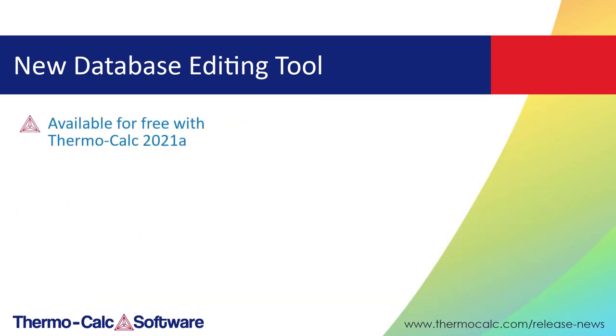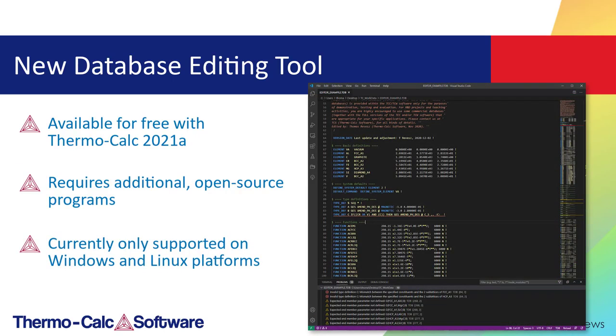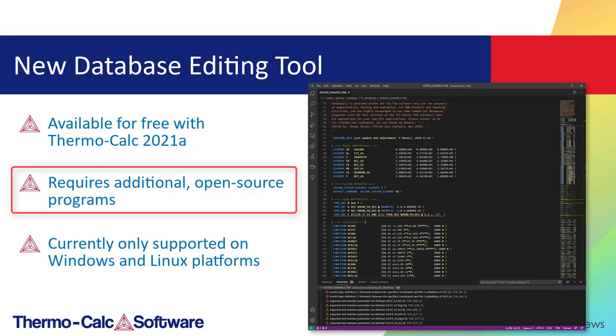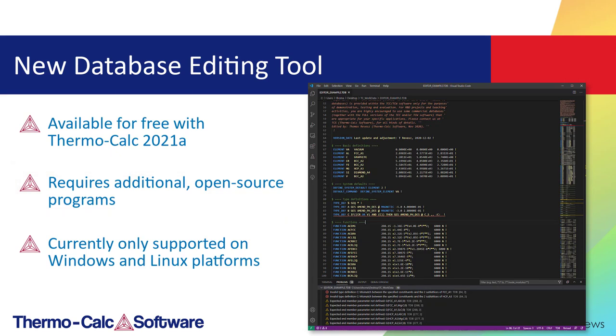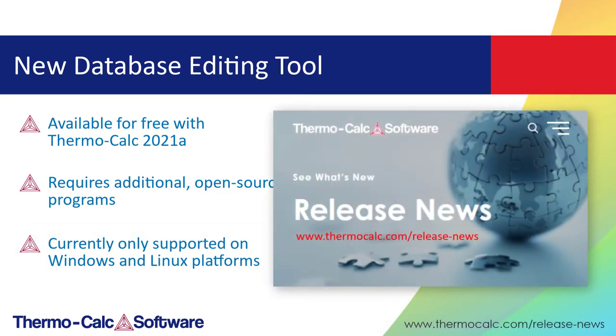This new editor is available for free as part of the Thermo-Calc 2021a release, but it does require additional open source programs to run. The editor is currently only supported on Windows and Linux platforms, not on Mac. To learn more about the TDB Editor, read the release notes available on our website.